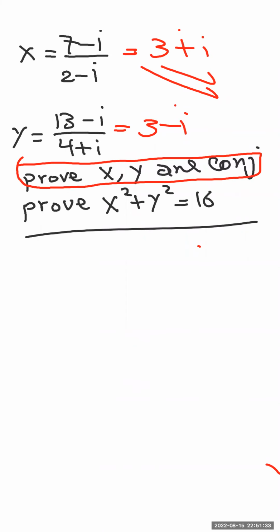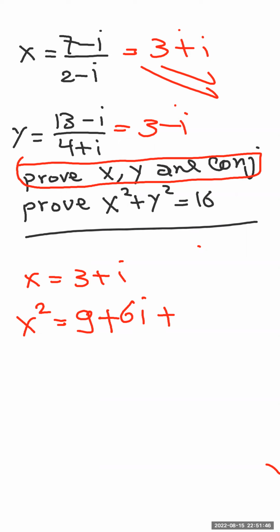Let's check. x equals 3 plus i. x squared equals first squared, 9, plus first times the second times 2, 6i, plus second squared, i squared. I squared means negative 1. So this one will equal 9 minus 1, 8 plus 6i.